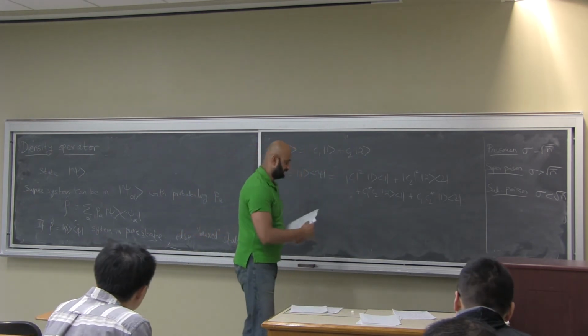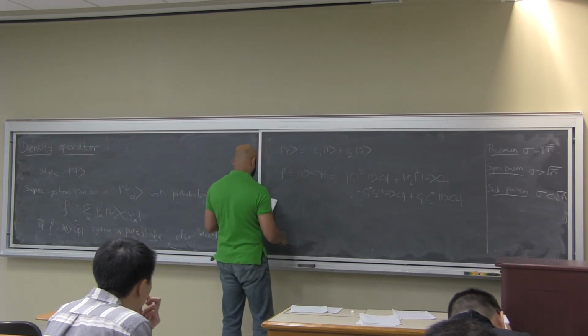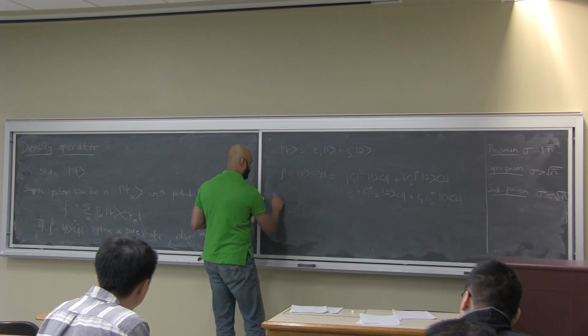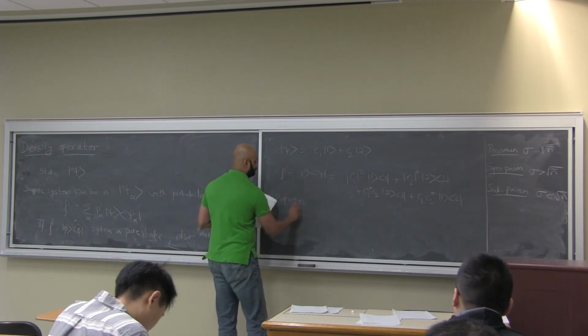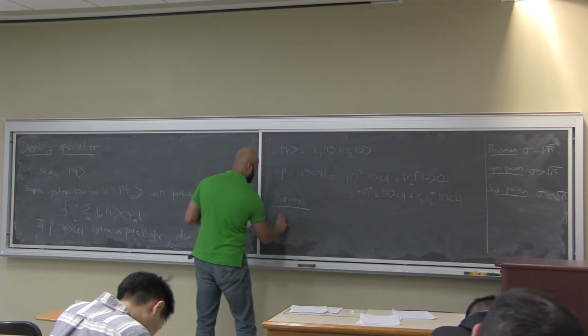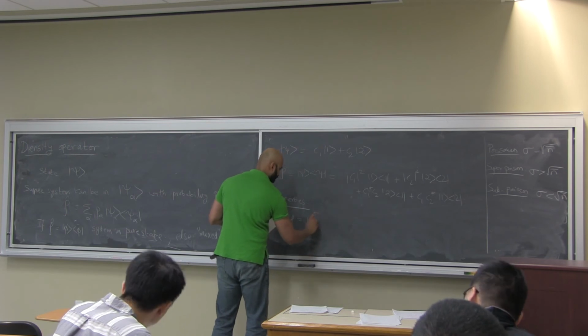And from all these definitions, and for example this particular case, we can derive the following properties of the density operator. These are very important properties that any real density operator has to satisfy.